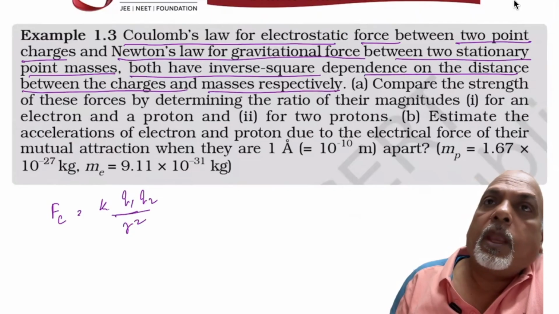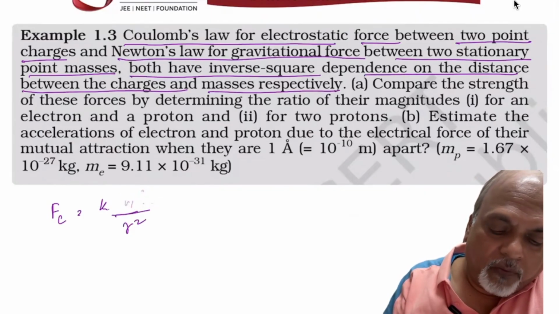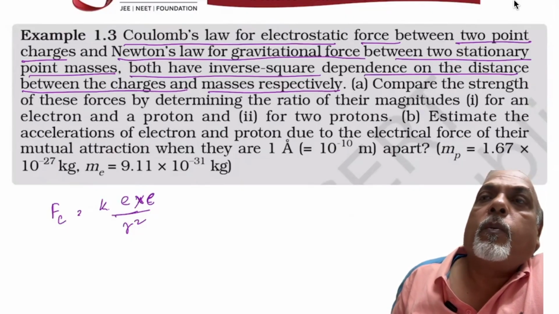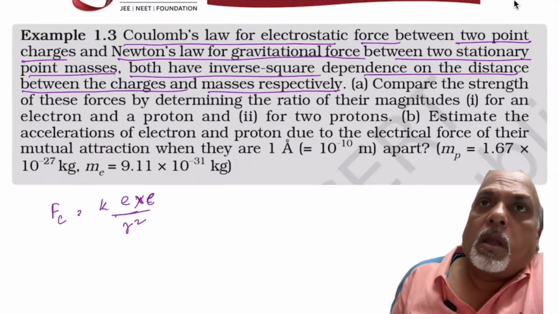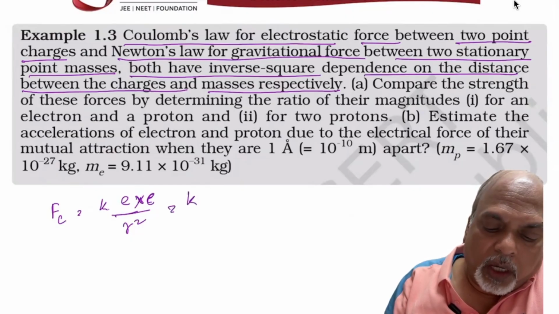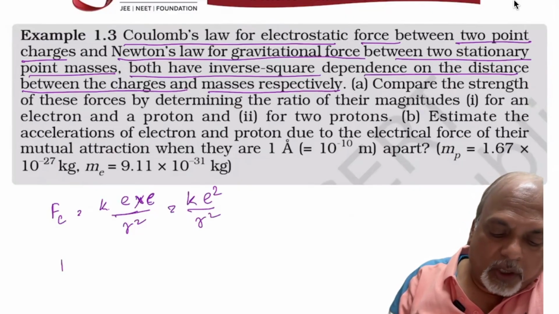Correct? Or we can write it as, suppose there are two electrons, then it is basically K E square upon R square. And what is the gravitational law?